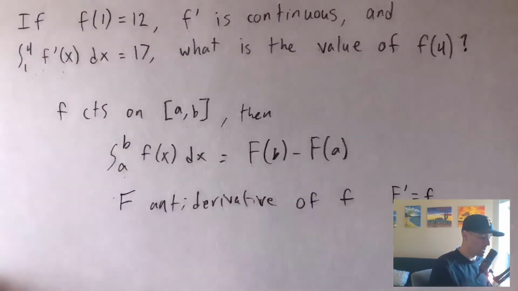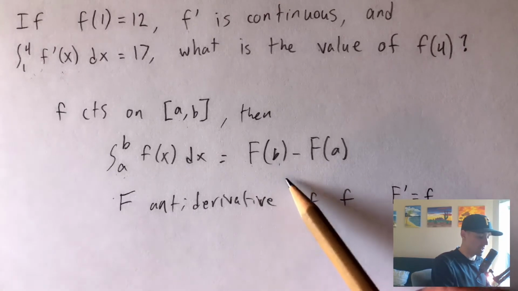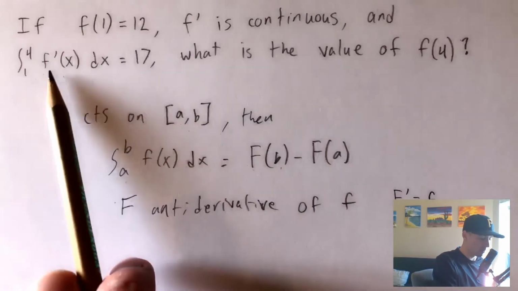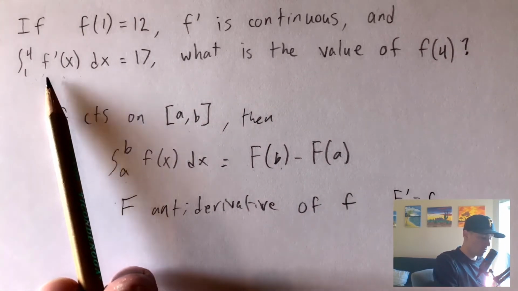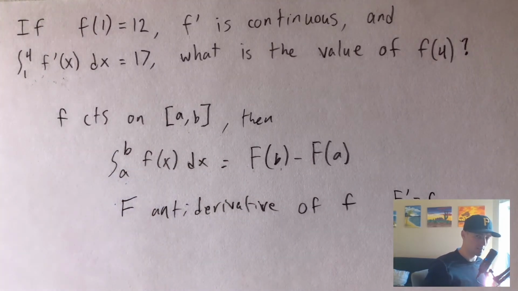So we need to find some big F, which is just an antiderivative of the function that we're integrating. Well, the function that we're integrating is f prime of x, which basically means we're integrating the derivative of f.